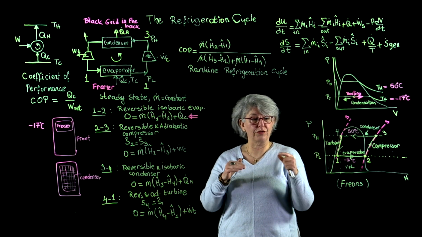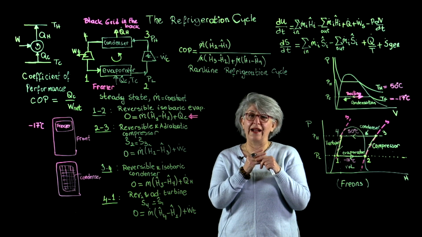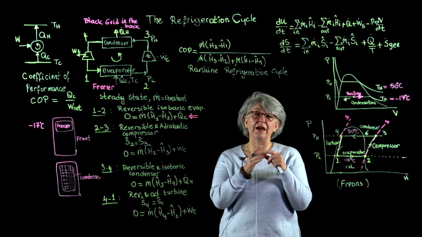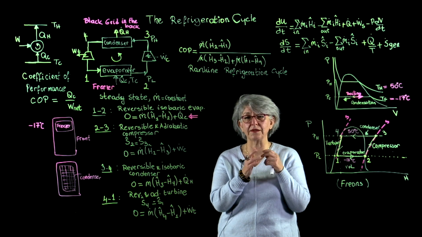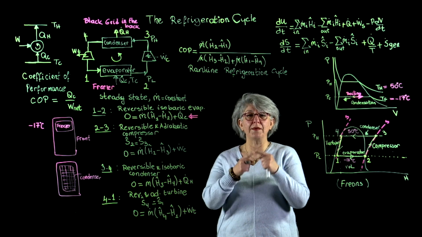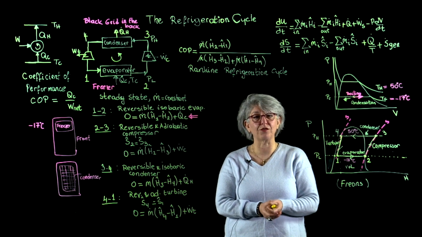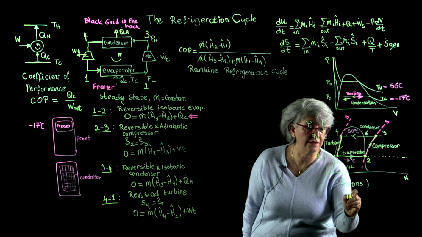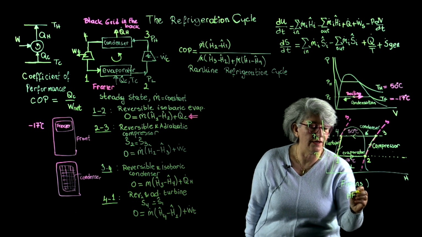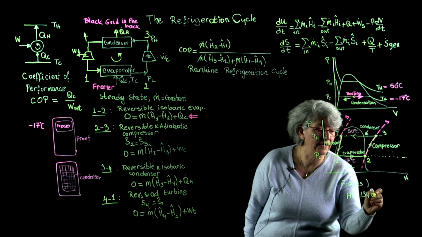Those freons, which are a family known as chlorofluorocarbons, are replaced now with the hydrofluorocarbons. So we have hydrogen, fluorine, and carbon in those molecules. This new family of the refrigerants that we use in our refrigerators are called hydrofluorocarbons, and the particular one we use is HFC134A.